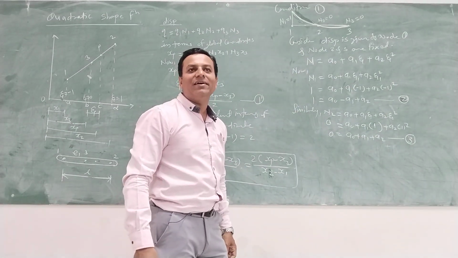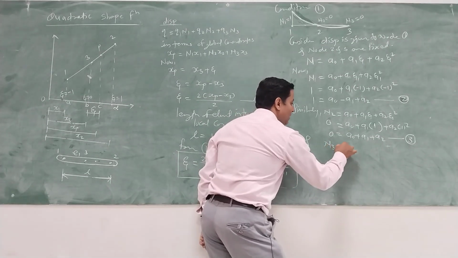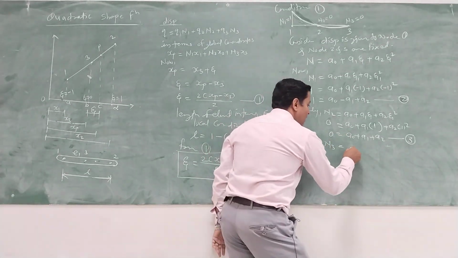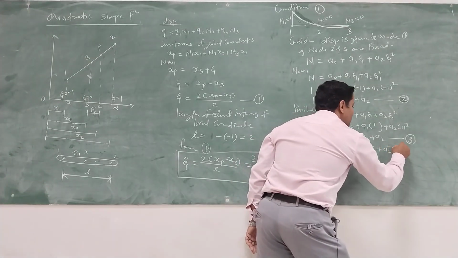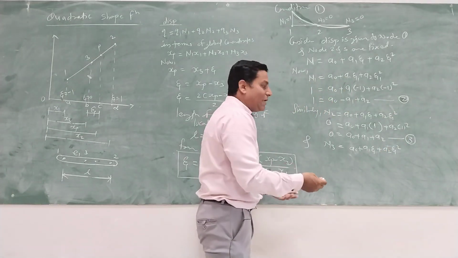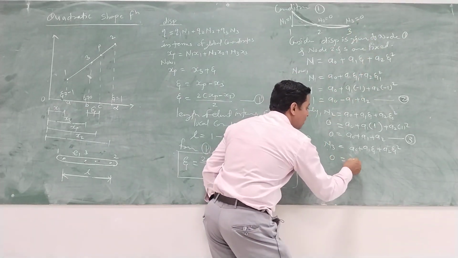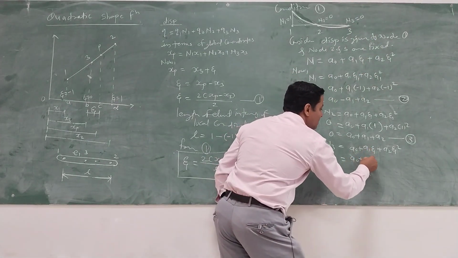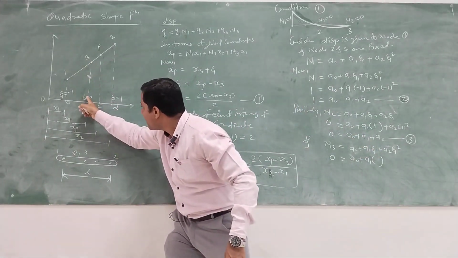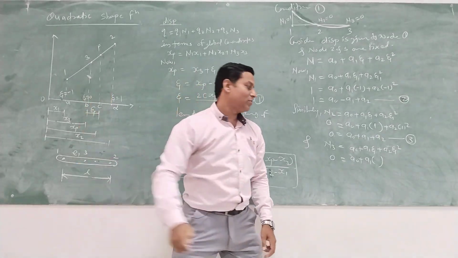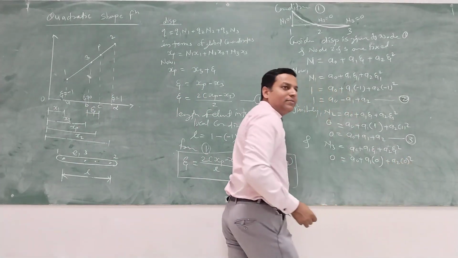Similarly we can write for n3, and n3 will be equal to formula A0 plus A1 zeta plus A2 zeta square. Now put the values. n3 is equal to 0. So 0 equal to A0 plus A1 into zeta, zeta of node 3 0, plus A2 into zeta square.